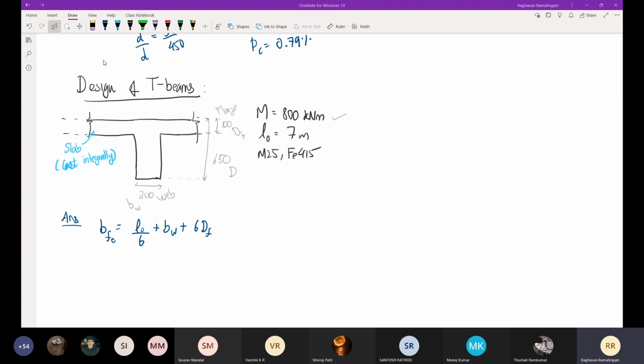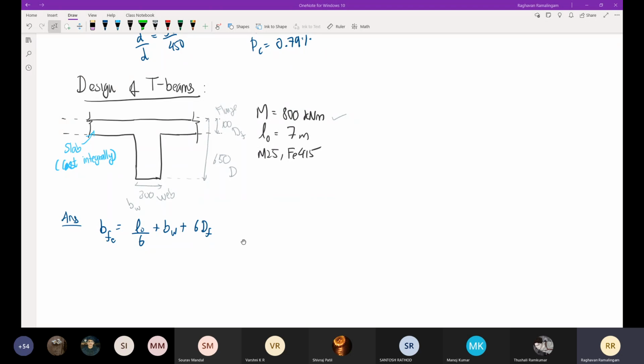Let me keep IS 456 open, just for reference. Okay, yes, the formula is correct.